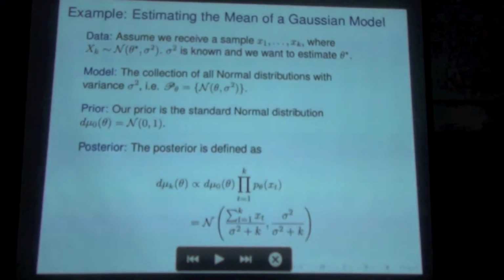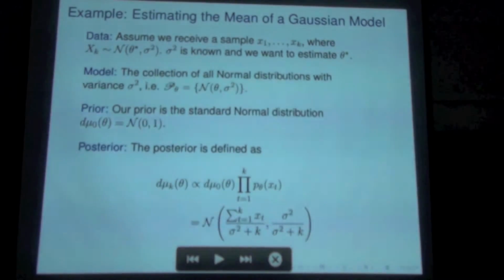So if we have a random variable that is this Gaussian, by the law of large numbers, the limit of 1 over k times the sum of x_i from i equals 1 up to k is equal to the expected value of x.